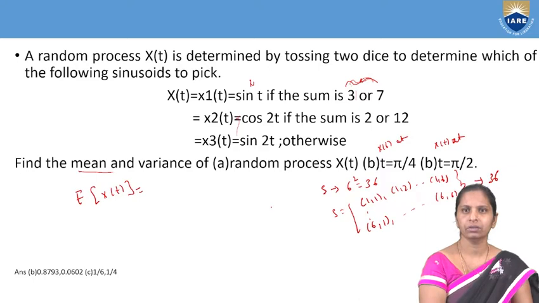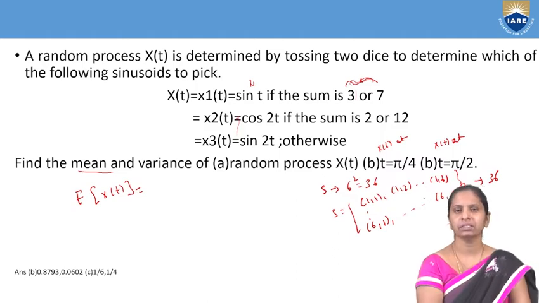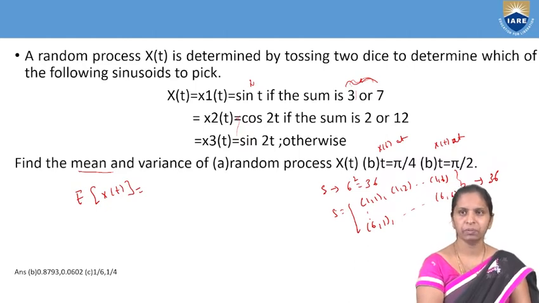Okay. Now, if I see the sample space, it has 36 elements. It means the elements are countable and finite. Therefore, what type of random process is here? It is a discrete random process.